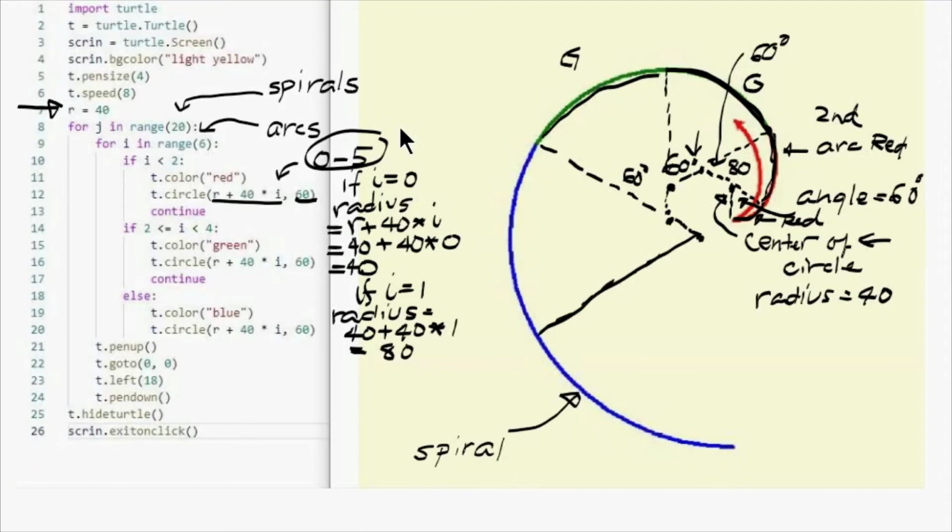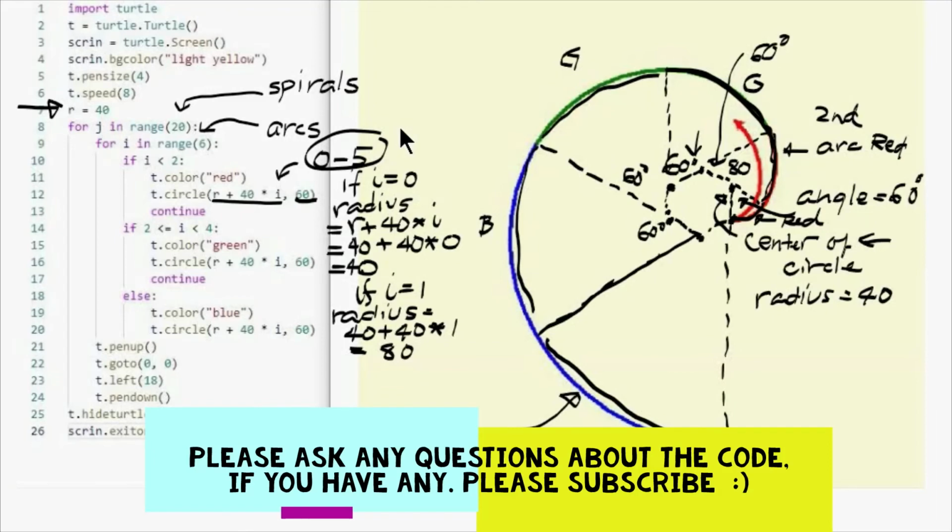This is a radius, and this is another 60 degrees. So this is the fifth arc, and this is now blue. And then finally, this is the last arc, the arc generated by the biggest circle, whose radius is 240. And this is colored blue again.